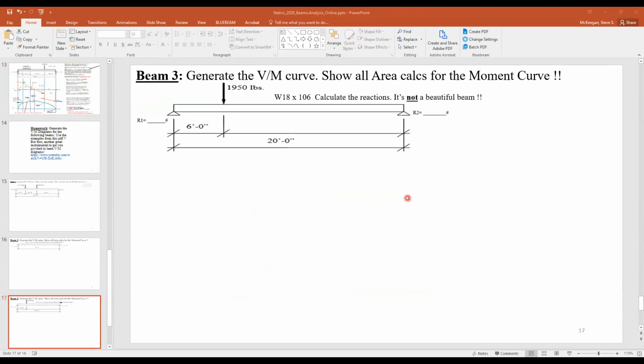Because this is due Saturday night, right? And this will be on a basis of 100. Beam B3 will be worth, we'll call that 20 points.